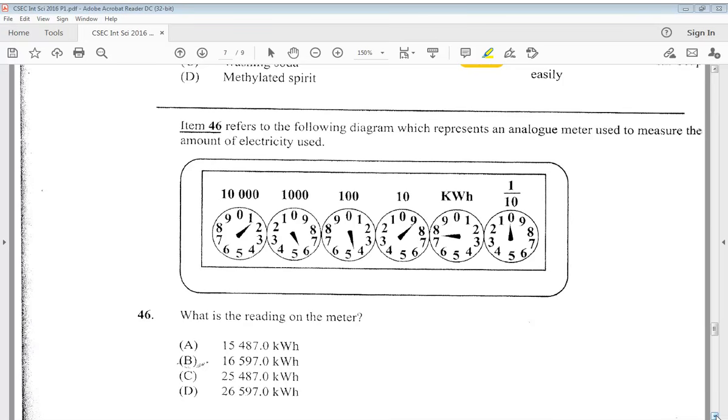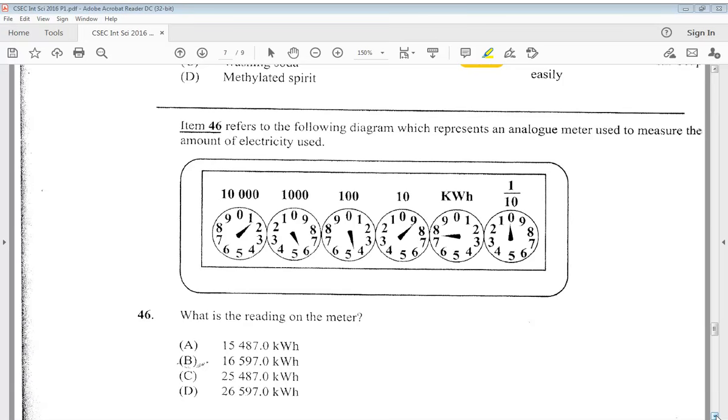So 46 says, what is a reading on the meter? So I'm sure you know how to read a meter at home to calculate your parents' electricity bill. So how do we read a meter?